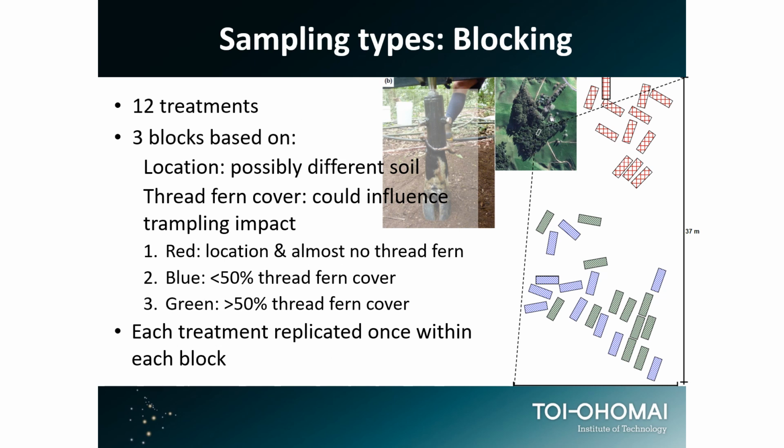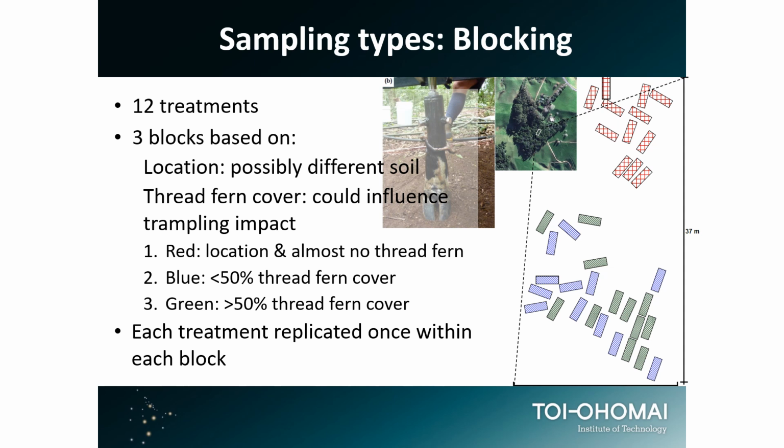So if we think about this one, we're going to look at the effect of trampling in a paddock. And this thread fern may be something that the cows don't like to step on because it's scratchy on their hooves.